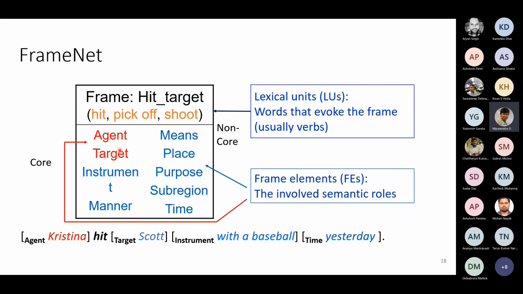Some of the semantic roles will be core, and we expect them to be present for each of the different verbs or lexical units for the frame, and there could be some other things which are optional.